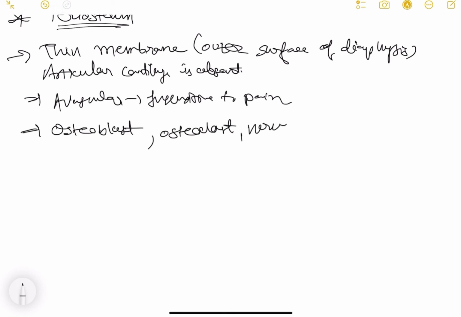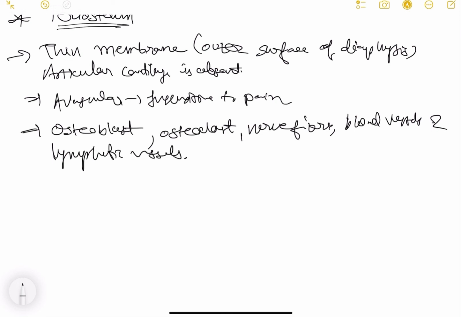It has nerve fibers, blood vessels, and lymphatic vessels. And function is protection.